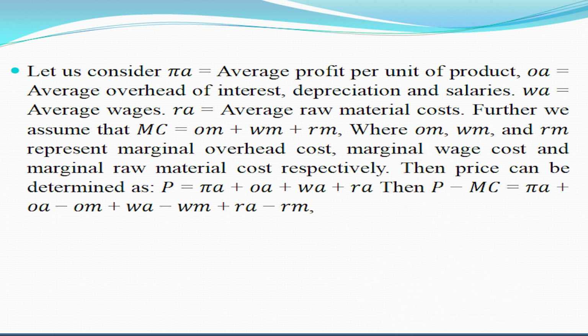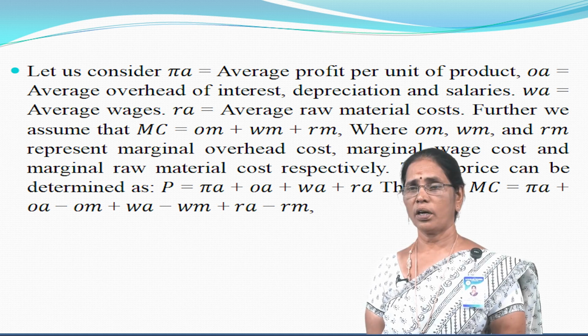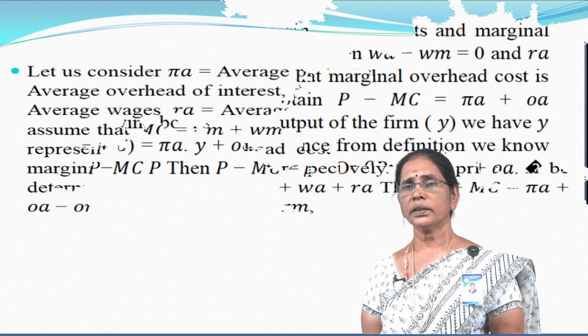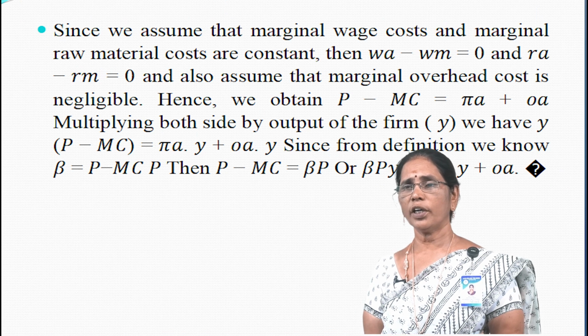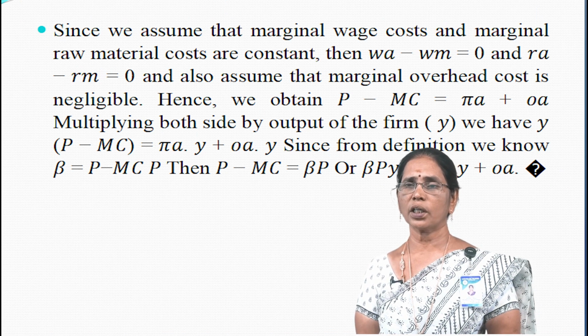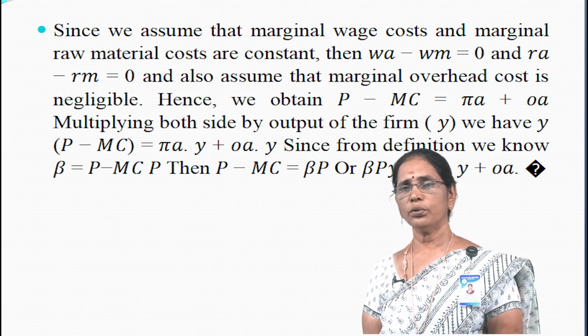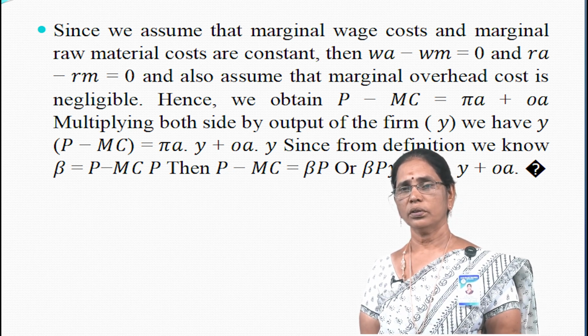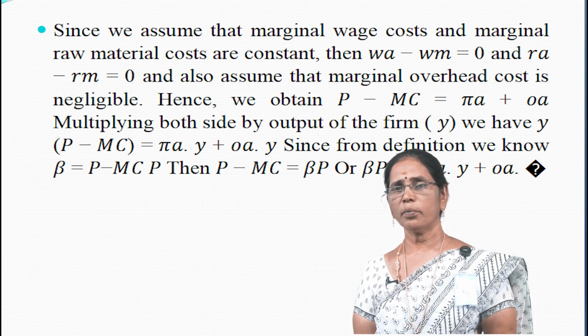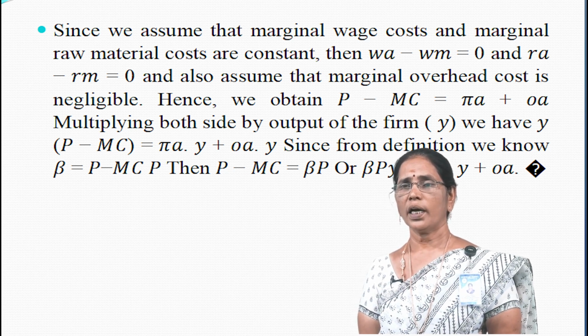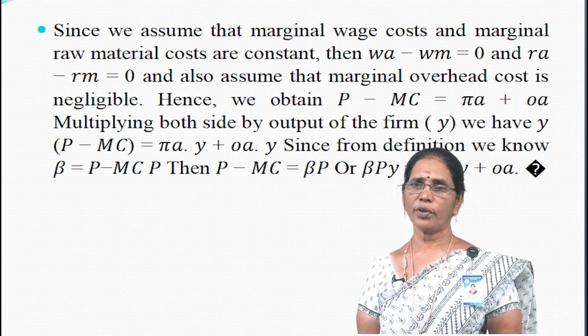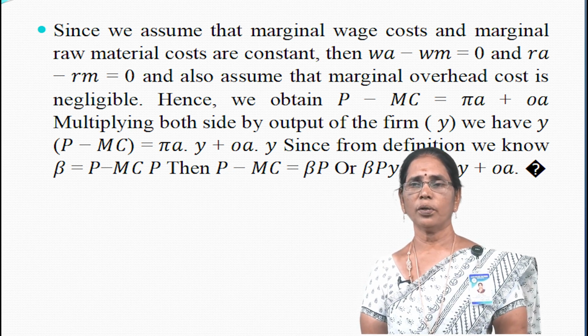Then price can be determined as P is equal to PA plus OA plus WA plus RA. Then P minus MC is equal to PA plus (OA minus OM) plus (WA minus WM) plus (RA minus RM). Since we assume the marginal wage cost and marginal raw materials costs are constant, then WA minus WM is equal to 0 and RA minus RM is equal to 0, and we also assume that the marginal overhead cost is negligible.